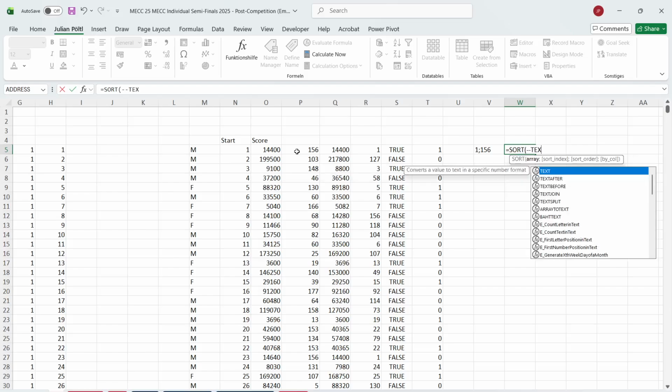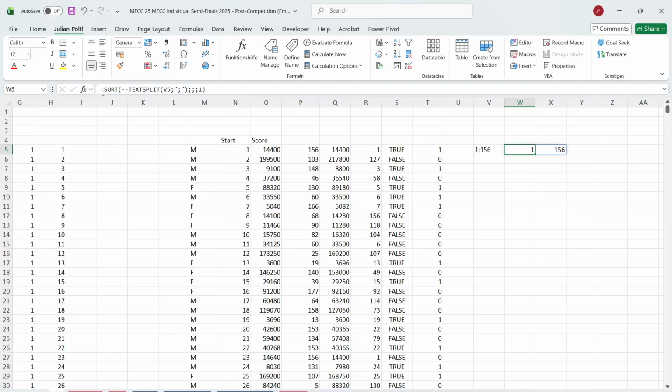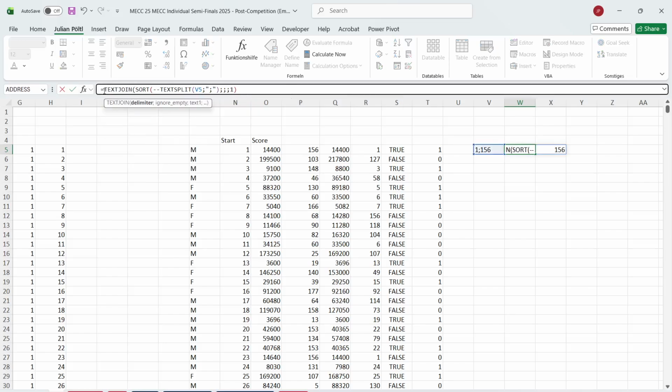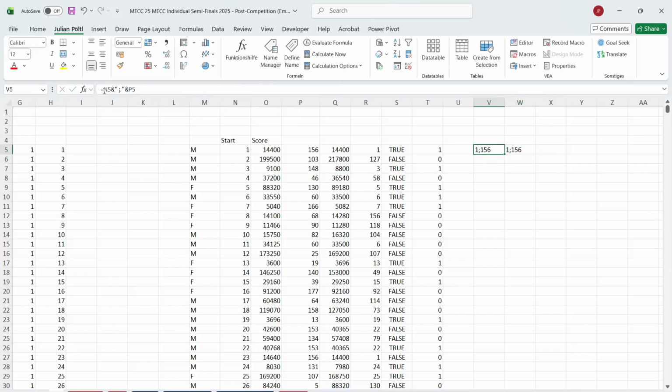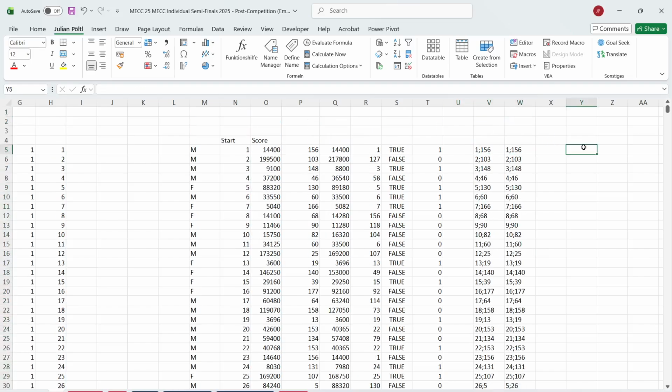Sort minus text split. And then text join. Filter.